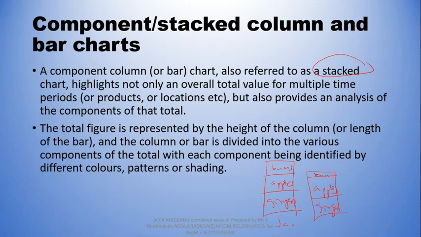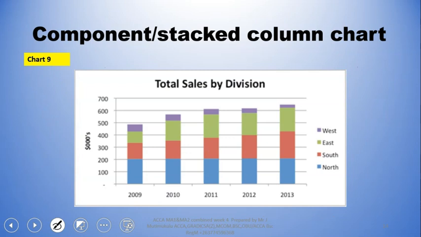When it comes to February, they have to know that apples are in higher demand than they were in January. So this is the visual presentation of a component or stacked column chart using the information for our divisions.